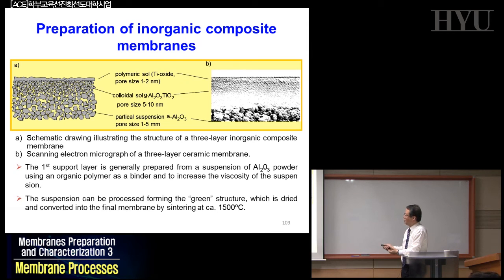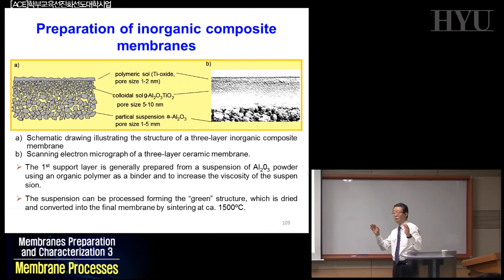Generally, alpha alumina has larger pores, and gamma alumina is much more compact, so the pore size of gamma alumina is much smaller. So if you want to make a very compact system, you should use gamma alumina rather than alpha alumina.